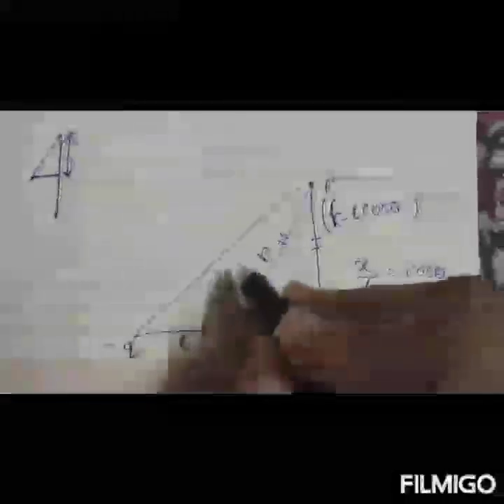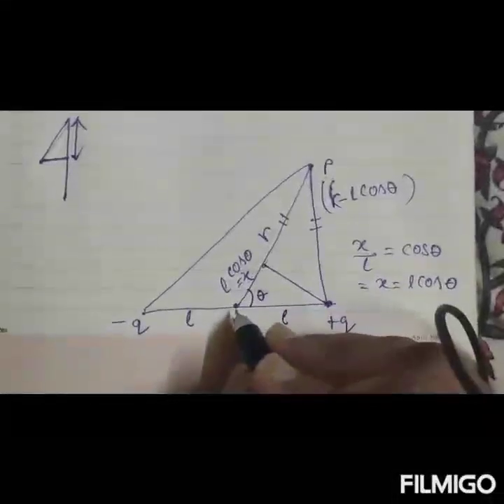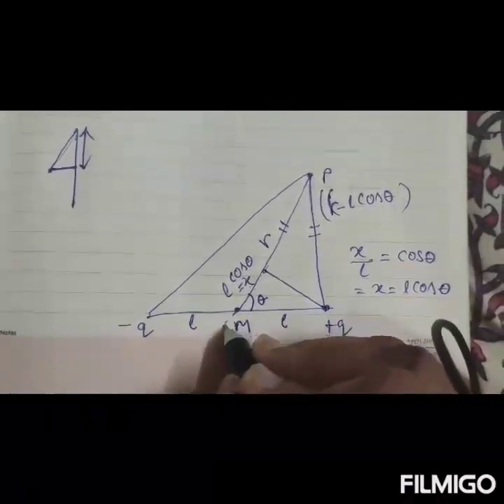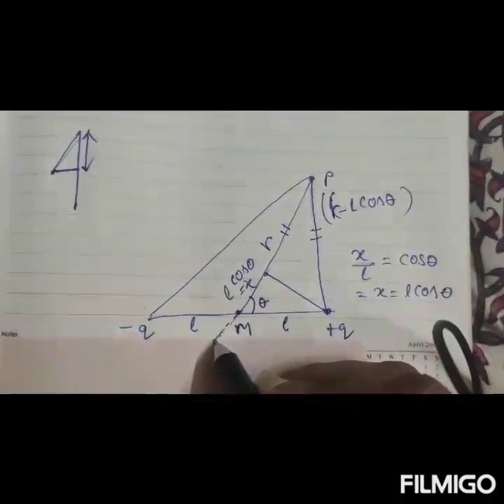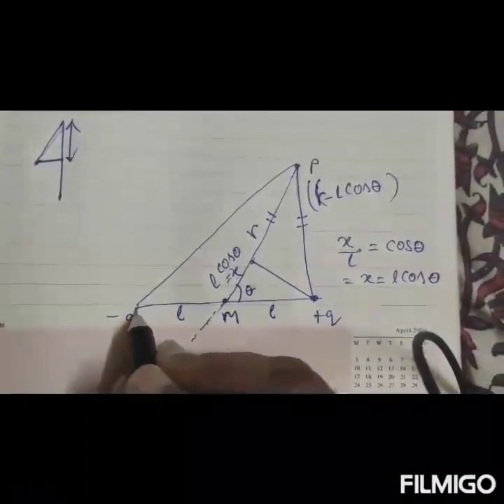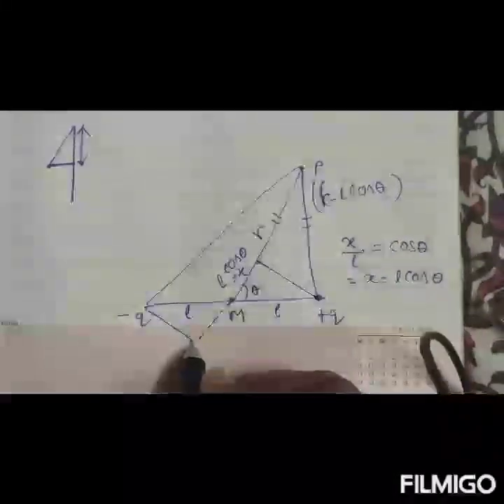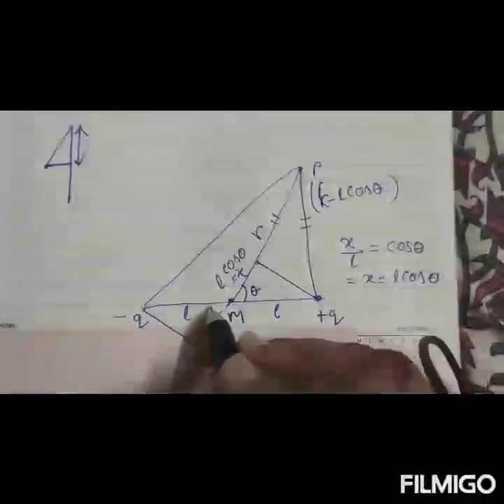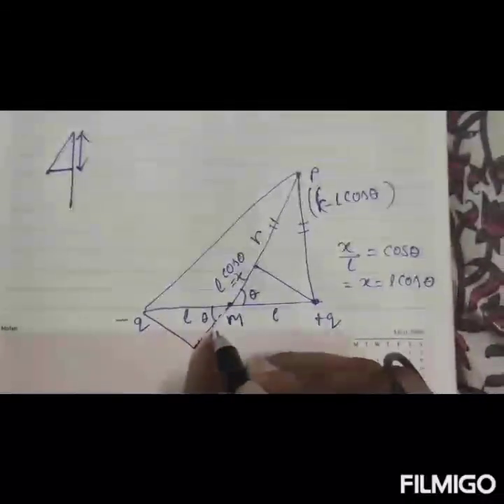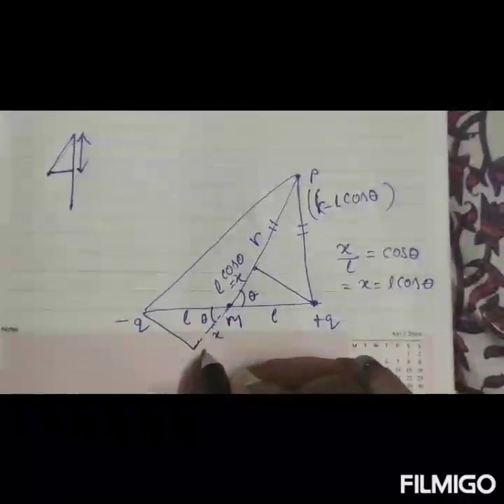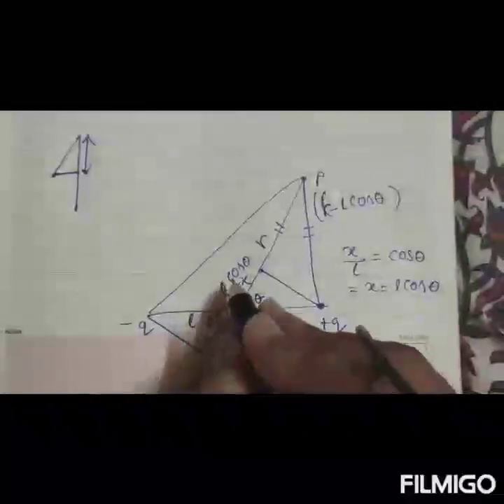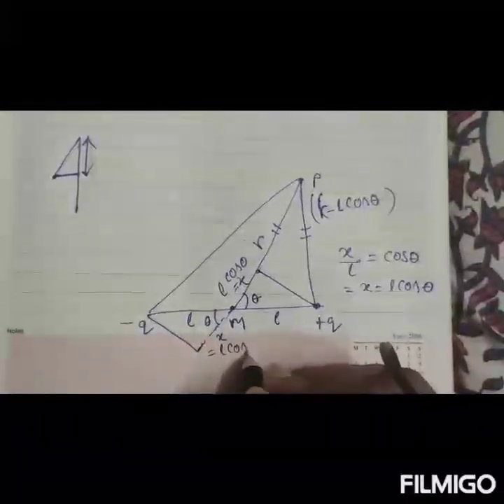Here I will extend this one, and in order to make it similar, I will make the perpendicular the same way. If this angle is theta, this angle is also theta. If this side is x and this is L, the same I will apply. This will be L cos theta.